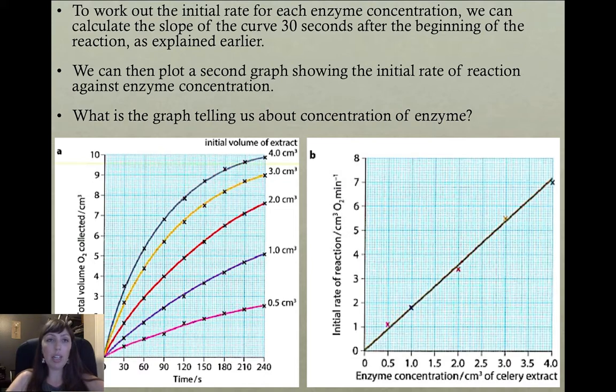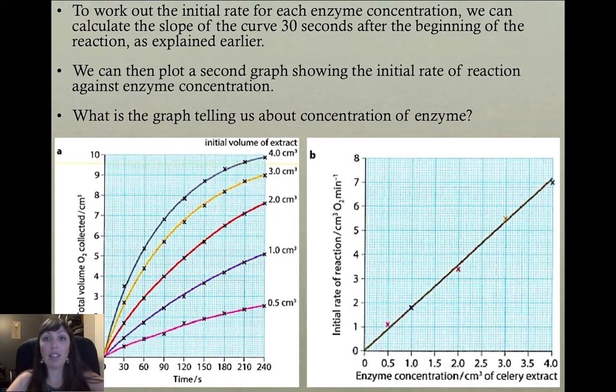Okay, so looking at these two graphs, to work out the initial rate for each enzyme concentration, we calculate the slope of the curve 30 seconds after the beginning of the reaction. We talked about this in the last video, but really why you want to do this is because 30 seconds and earlier is the only time where you can be pretty guaranteed that the rate of reaction is based purely on whatever independent variable you're testing.